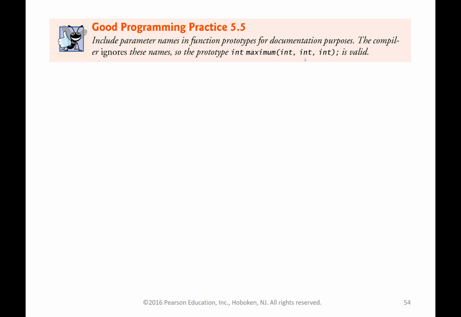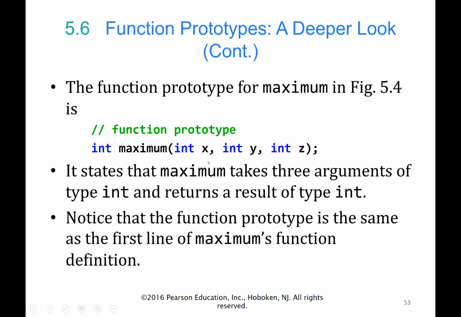The compiler ignores those. So if you look at this X, Y, and Z, they're ignored by the compiler. So you can name them whatever you want in the header and then change the name when you write the function. It gets rather confusing debugging when you do that.